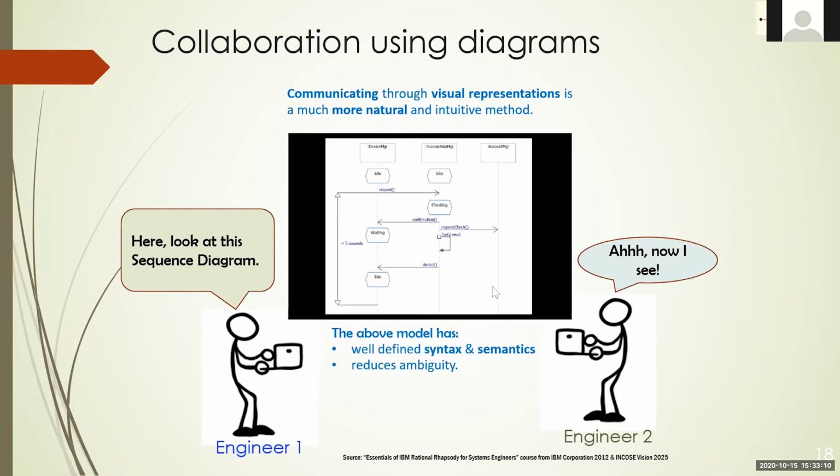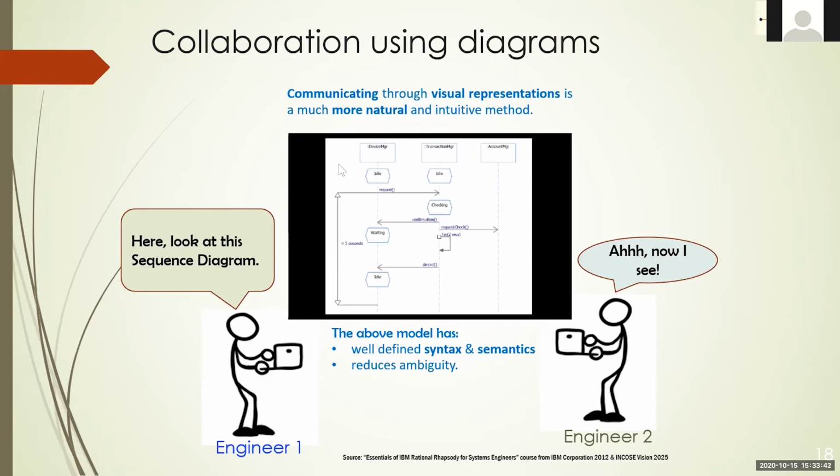So for example, what we have on the top are the names of the objects that interact in that transaction. What we have with the hexagons are the states in which that object is. And the lines with the arrows represent the messages that are sent to those objects. And if you go from the top to the bottom, that represents how time flows.